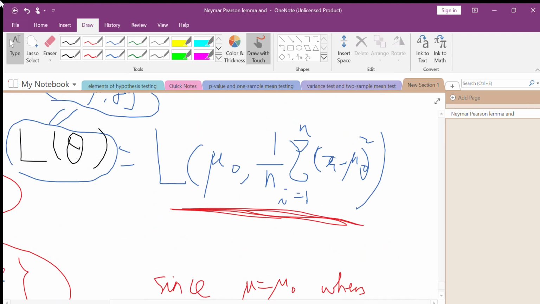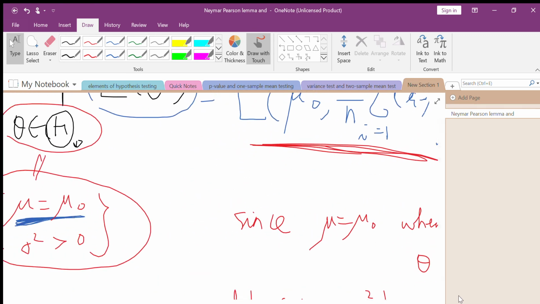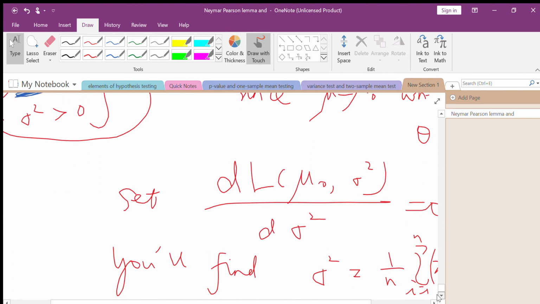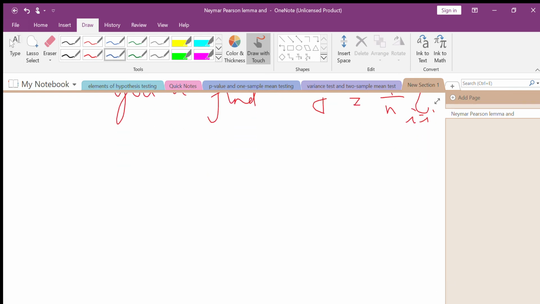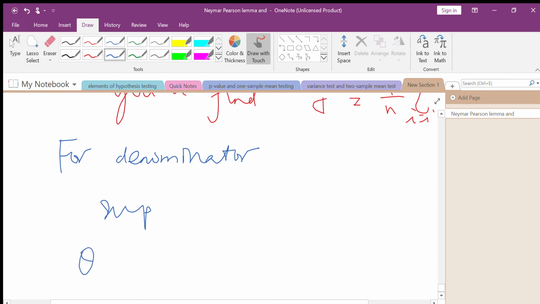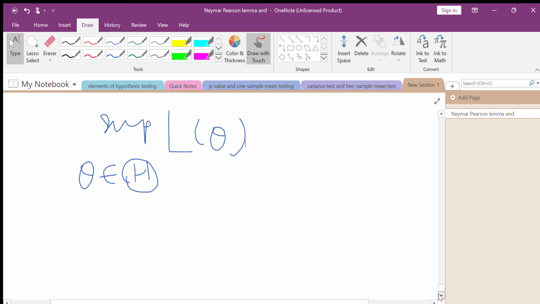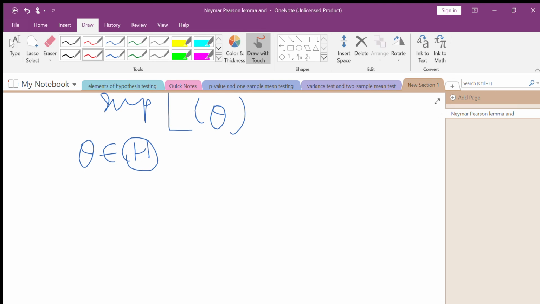This is the numerator part. For the denominator, we'll do things similarly. For the denominator, it is the supremum over theta in the whole parameter space of L(theta). For theta again, it is (mu, sigma squared).